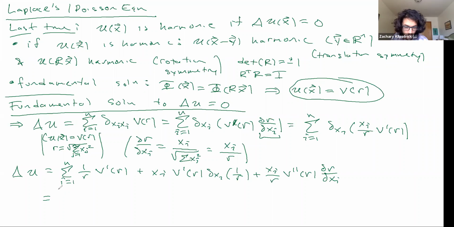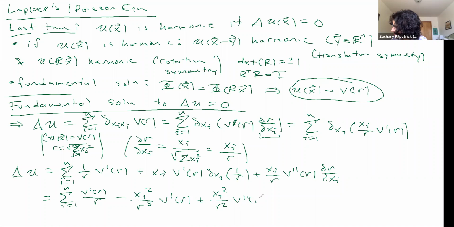Okay, so what does this come out to be? Well, the next line, we just get this term coming along for the ride, right? v prime of r over r minus now xi squared over r cubed v prime of r plus now xi squared over r squared v prime prime of r.